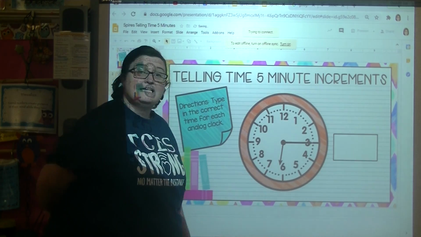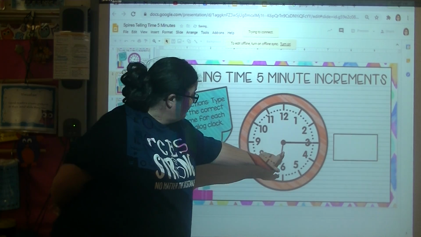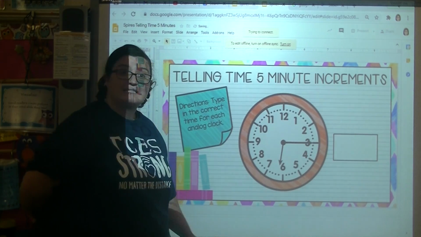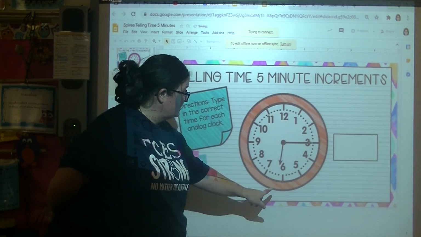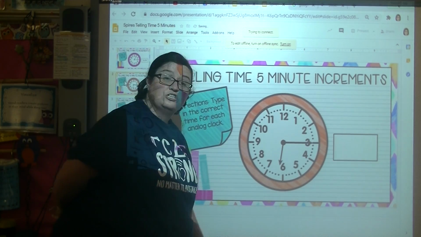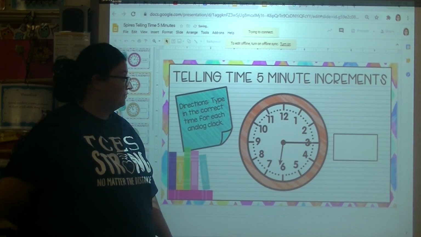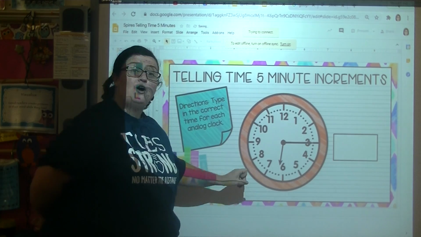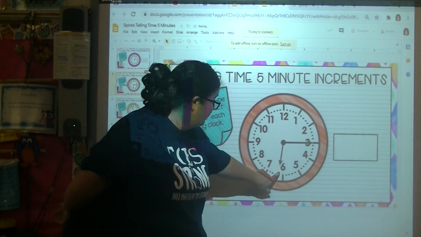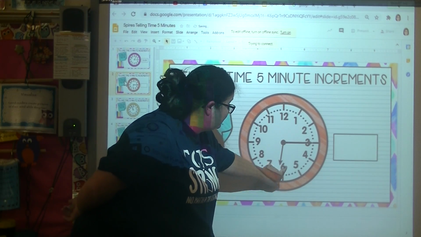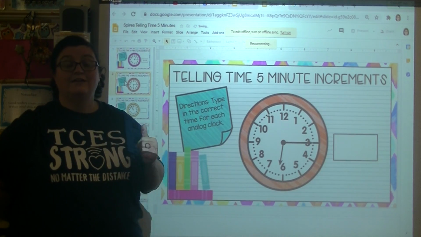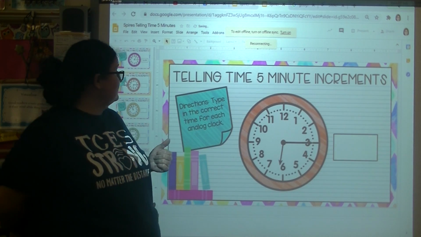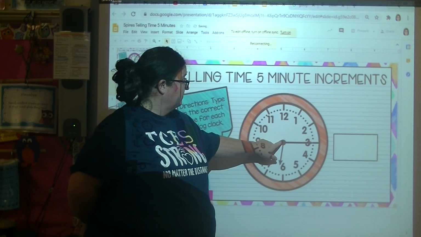It's between the 6 and the 7. What number did it go past? Has it touched my 7 yet, or has it touched the 6? Yes, when it went around, it touched that 6, and it's on its way to the 7. So we back up. It is 6 something. Let's look at the minutes and find out how many minutes.